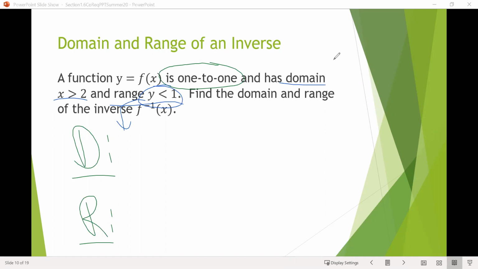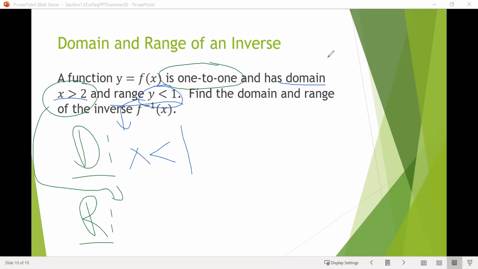And rather than writing y is less than 1, we're going to stay consistent with which variables are the inputs and the outputs. So here we'll actually write that x is less than 1. Okay. Similarly, if we want to find the range now of the inverse function, well, we know that the range of an inverse comes from the inputs of the original function, which means it's going to come from the domain there. So from the x greater than 2.